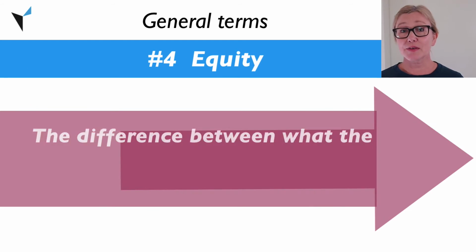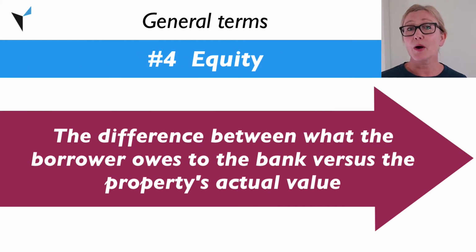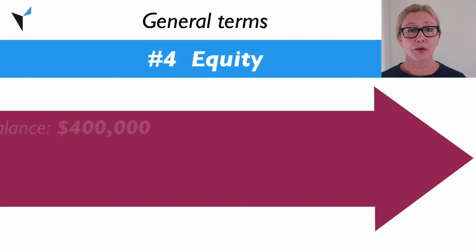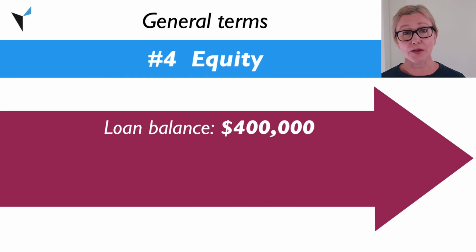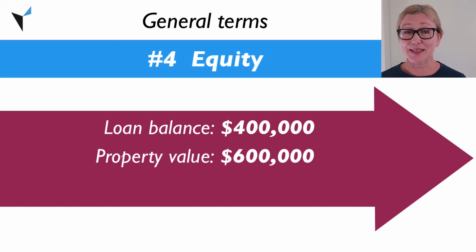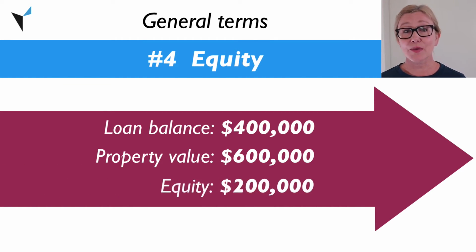Equity. The difference between what the borrower owes to the bank versus the property's actual value is called equity. For example, if the loan balance is $400,000, but the property's value is $600,000, that means that the client has $200,000 in equity. Examples.